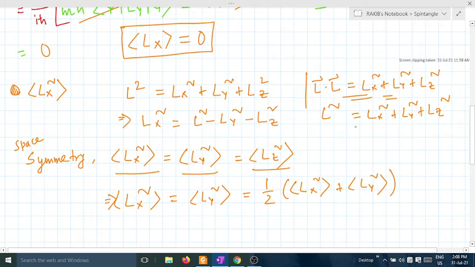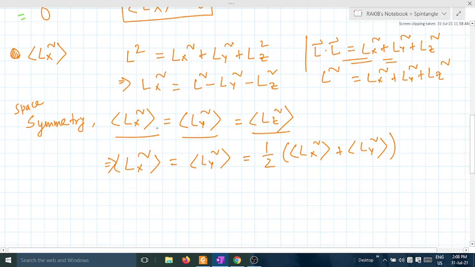We can write this easily because if A equals B equals C, then A equals B equals half into A plus B, because they are the same and we can take their average. This is one kind of average we have learned in earlier classes. Okay.